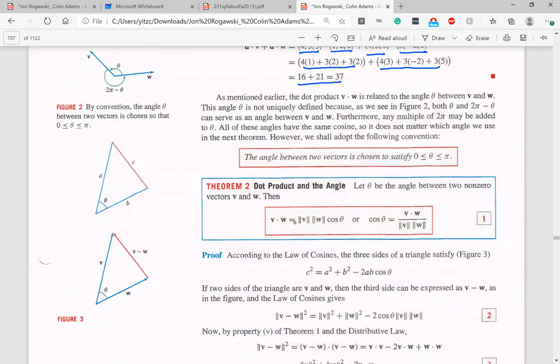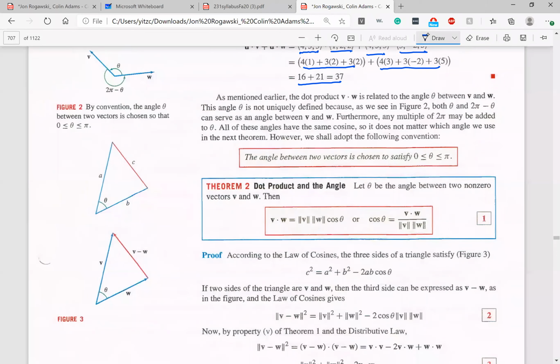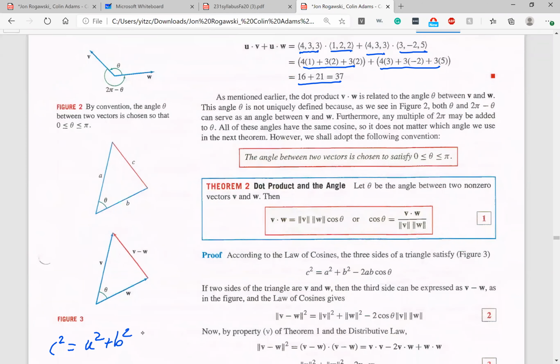We know that if we have a right triangle and C is the hypotenuse of our triangle, then C squared is equal to A squared plus B squared by Pythagoras' theorem. But if we don't have a right triangle, then there's a correction term.